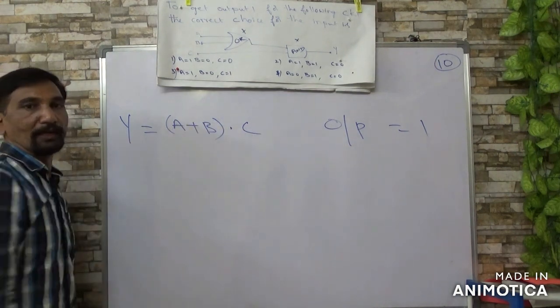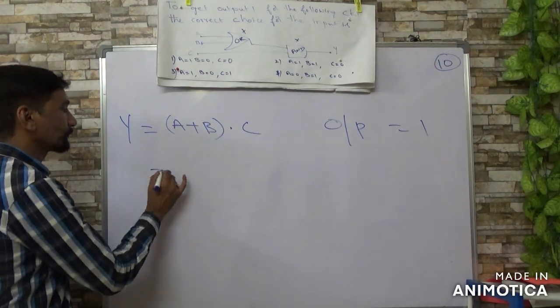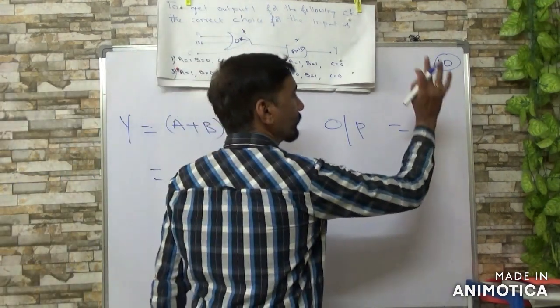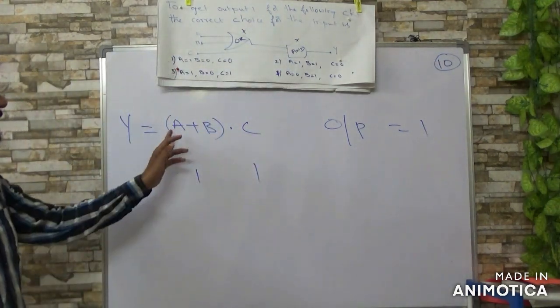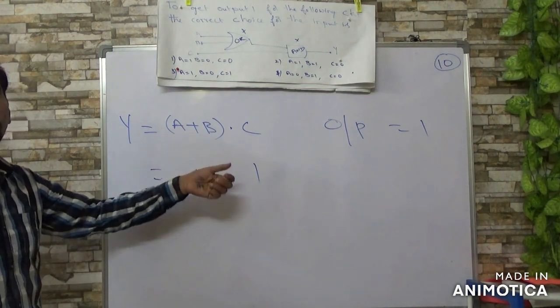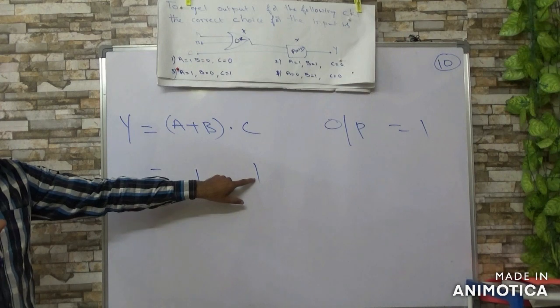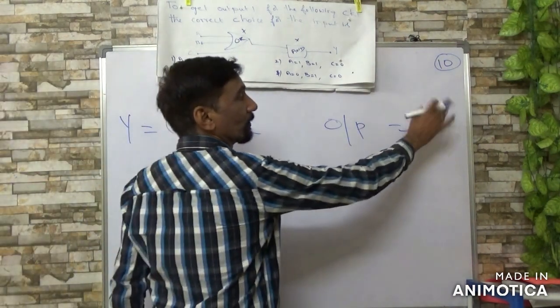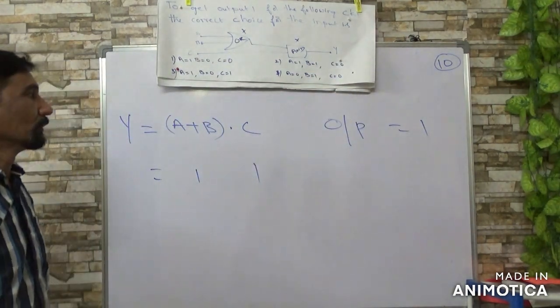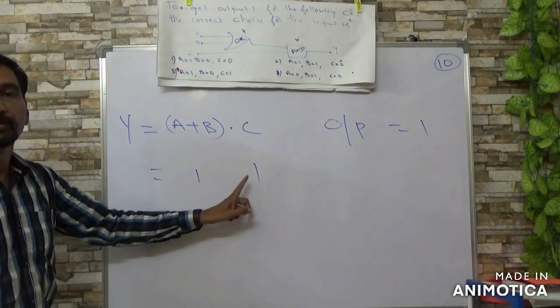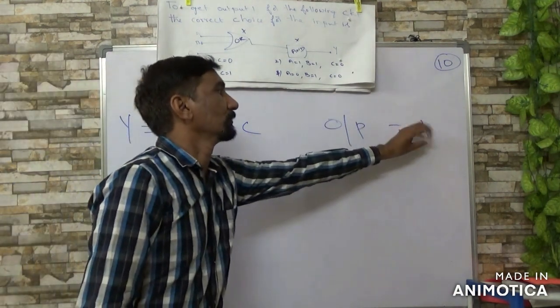So unless the 2 inputs are 1, the output cannot be 1. But for A and B, you can take A1, B0, otherwise B0, A1. But C must be 1, then only there will be an output. So, AND gate. That is why both the inputs must be 1, then only there is an output.